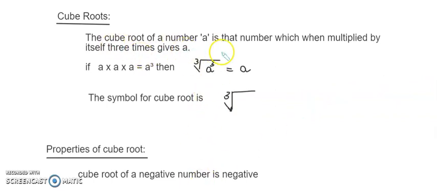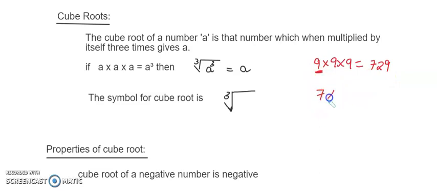A cube root of a number is that number which, when multiplied by itself three times, will give us the number. Means the same example which I took, 9 times 9 times 9 will give me 729. So 9 is said to be the cube root of 729, whereas 729 is the cube of 9.